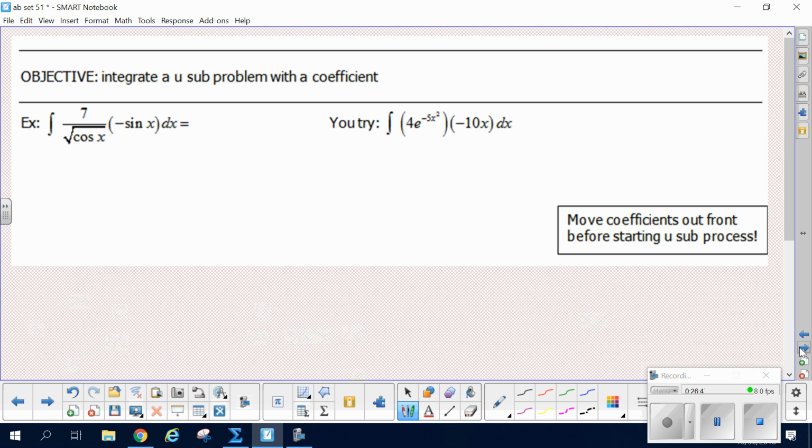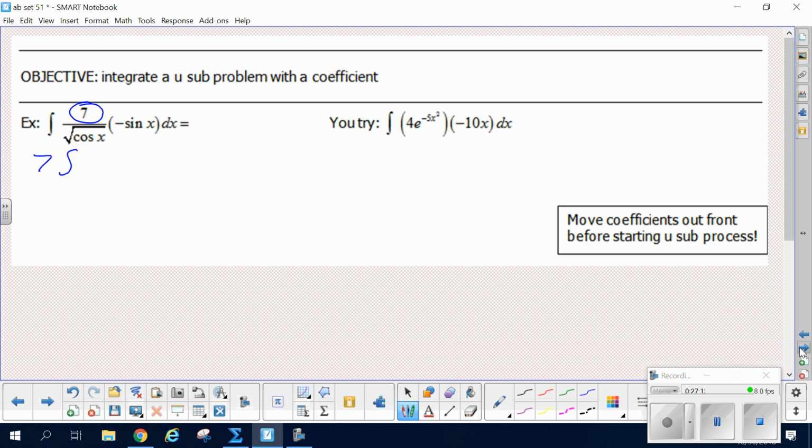Let's get gradually more difficult, and they're not huge steps. They're just little bits of difficulty, okay? Sometimes you get a number there that doesn't help you. It doesn't really hurt you. If that's the case, feel free to just move that out front and use substitution at the same time. So for example, that's 7, its coefficient.